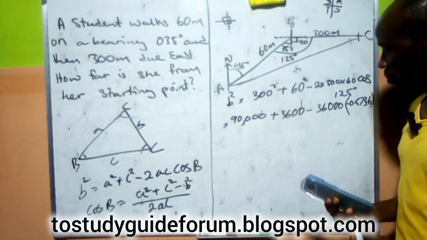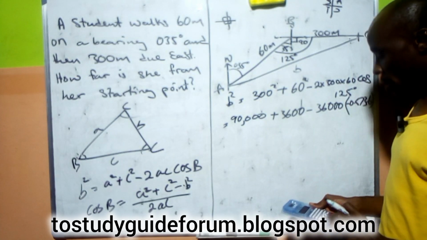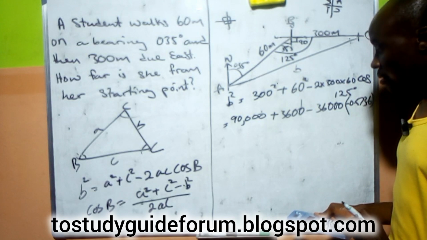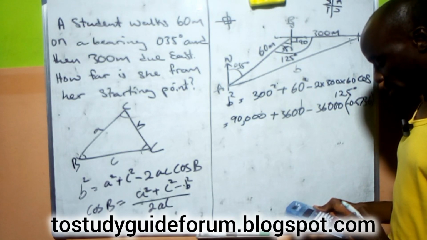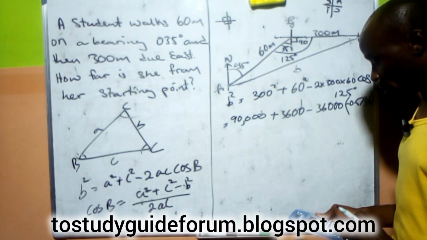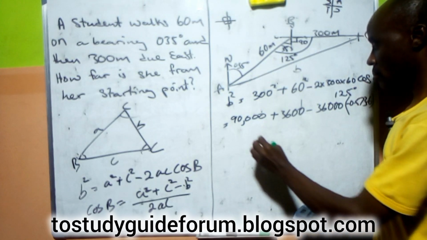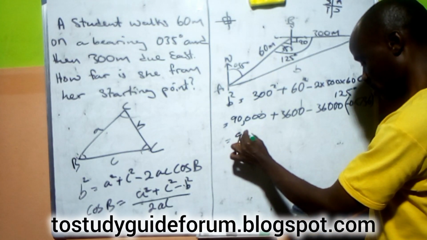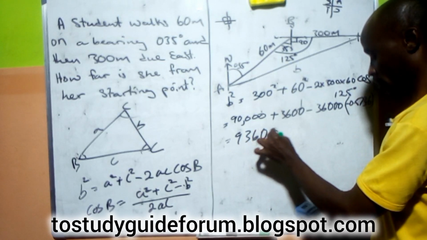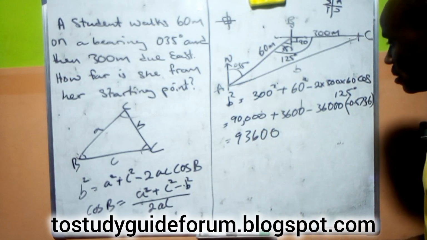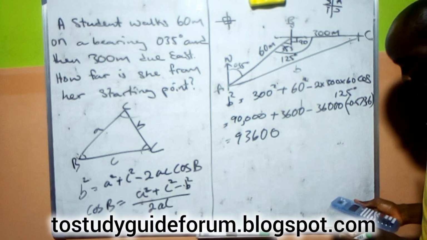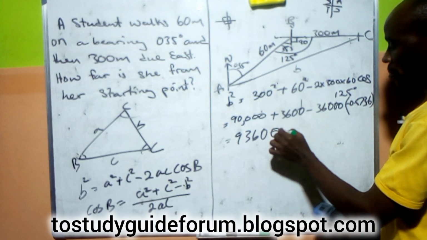Now we start adding up. 90,000 plus 3600 gives us 93,600.